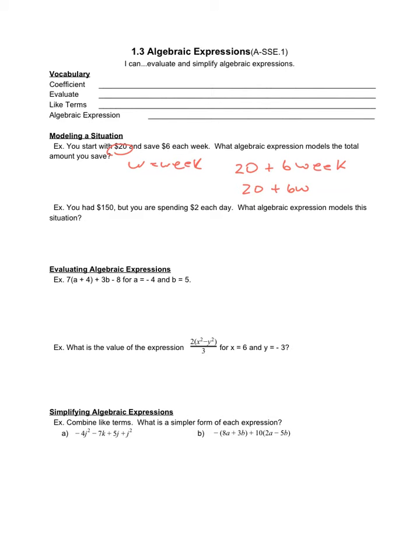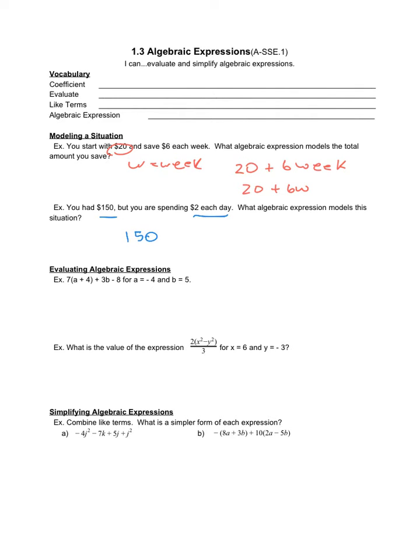We don't know how many weeks it's going to be, so we have 20 plus 6W as an algebraic expression for that. Let's see, we have $150, but you are spending $2 each day. What is an algebraic expression for this? Well, again, something that we do know is that we are starting off with $150, so there's my constant.